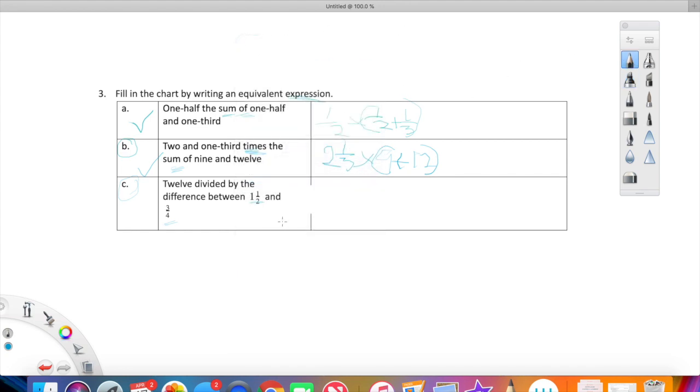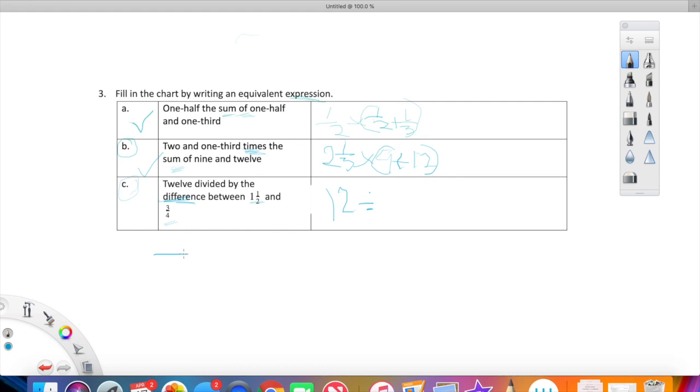Okay, so we have 12 divided by, and then let's look at what we have next: the difference between 1 and 1/2 and 3/4. We know the difference is subtract.